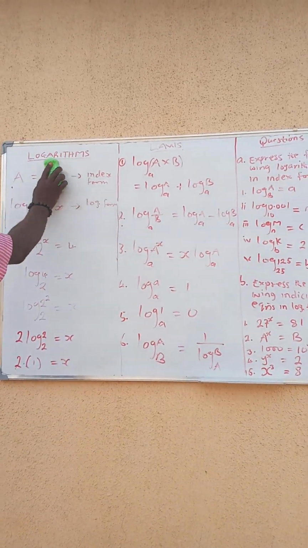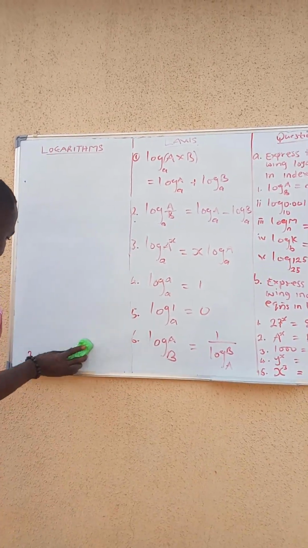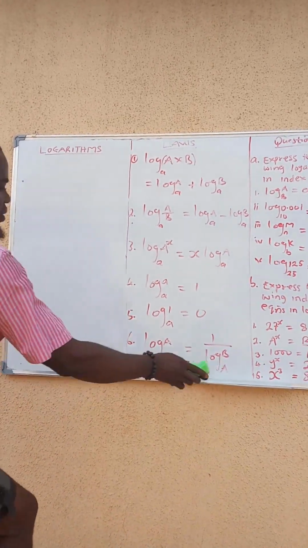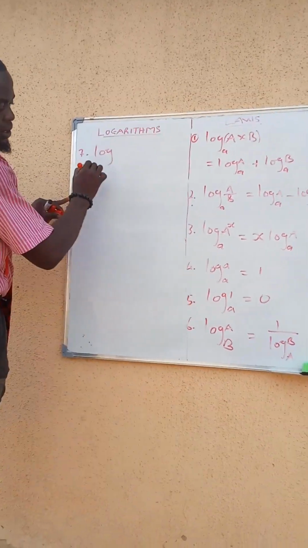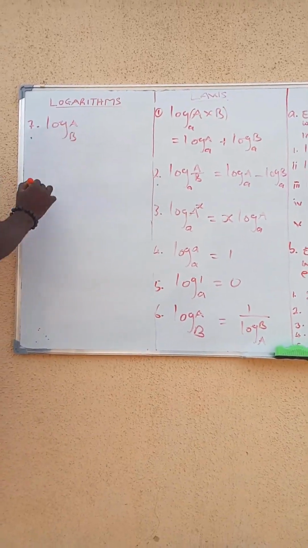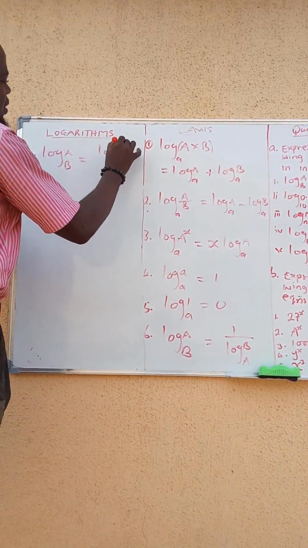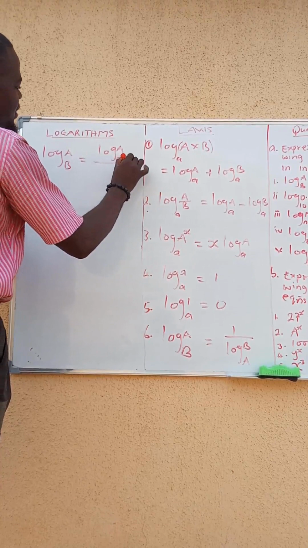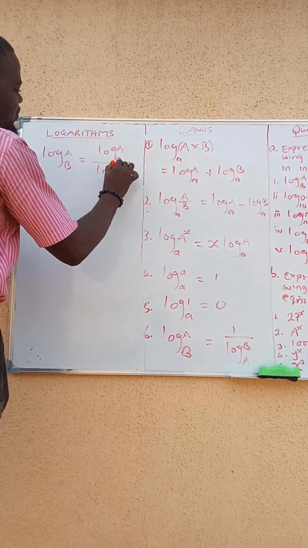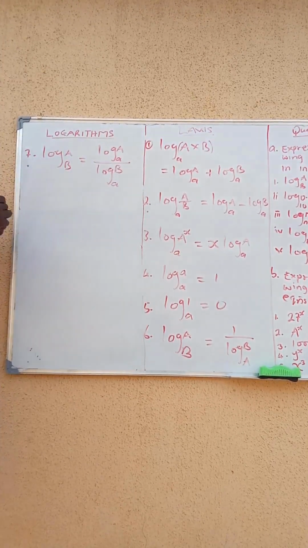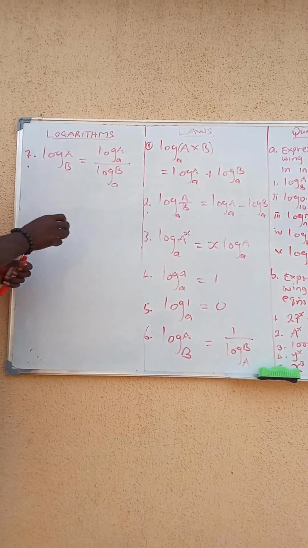Then we have another law. That's number 7: log A to base B is equal to log A to base A over log B to base A. Now in this case, I want to solve it and maybe they give me something that I'm not comfortable with.